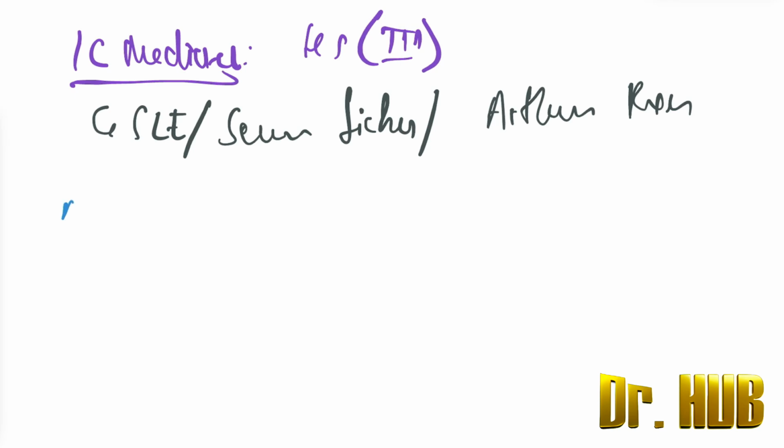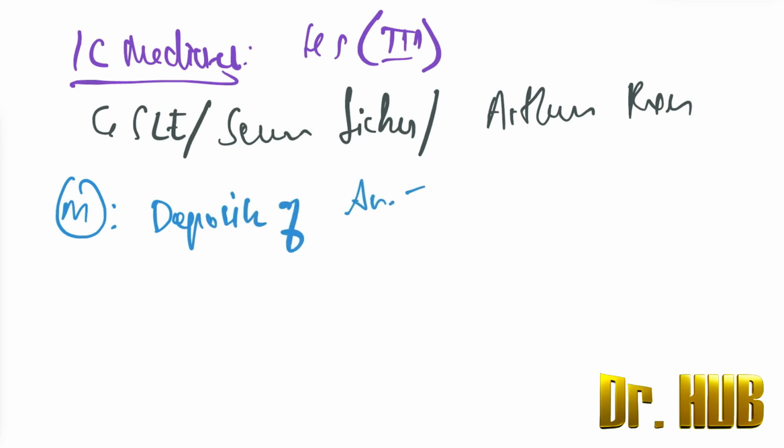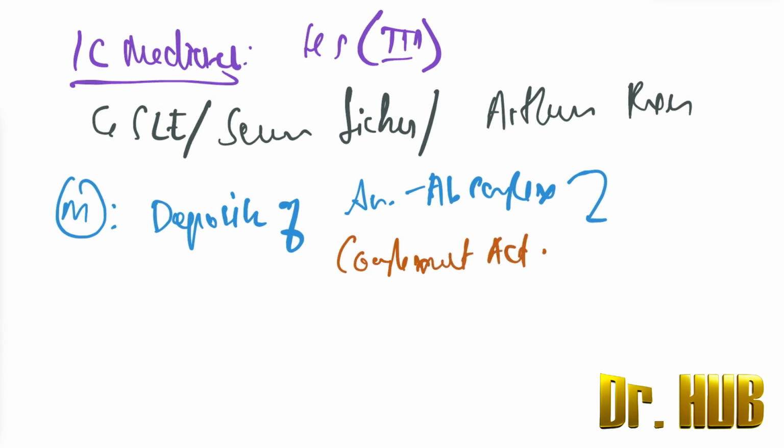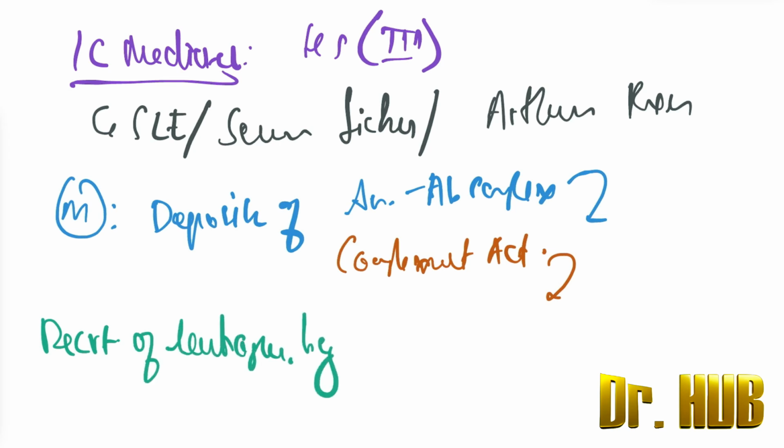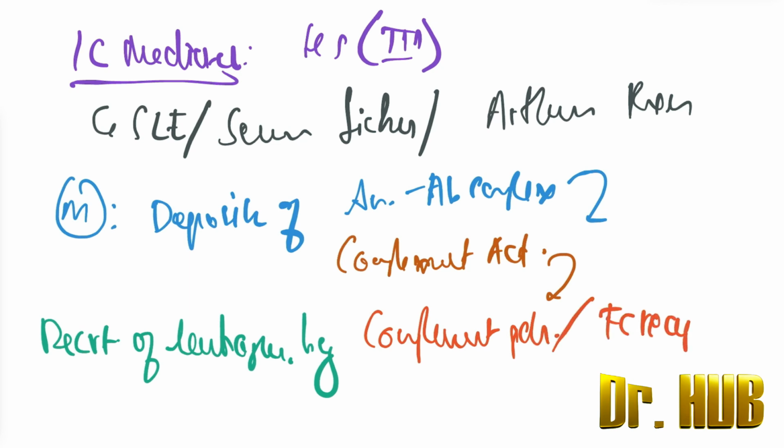The mechanism of action involves the deposition of antigen antibody complex, and this leads to complement activation. It leads to the recruitment of the leukocytes, and this is by the complement products and also the Fc receptors.